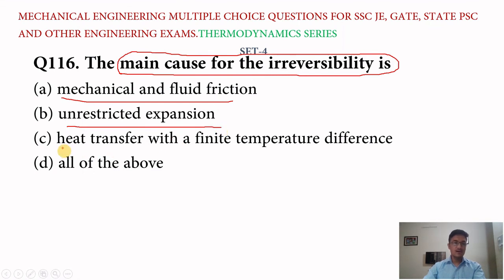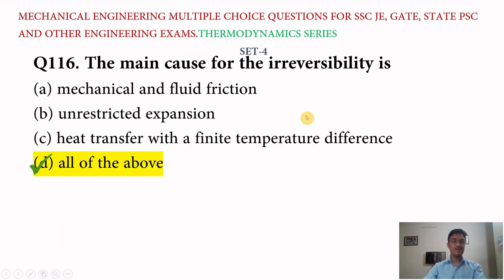This could be. Heat transfer with a finite temperature difference. This could be also. So we will check which one is the correct answer. D, all of the above are the correct answers. Main cause for the irreversibility. So let's move to the next question.